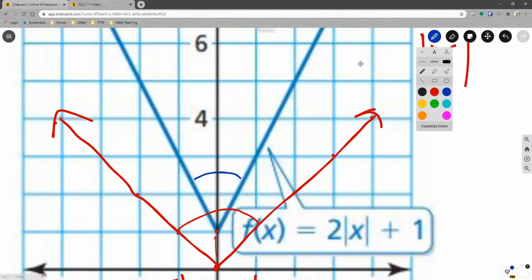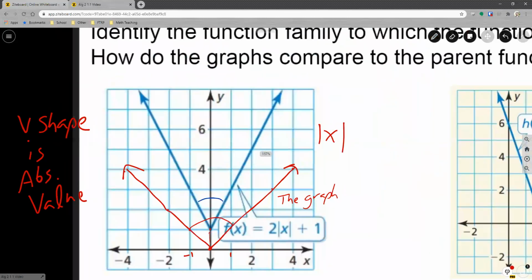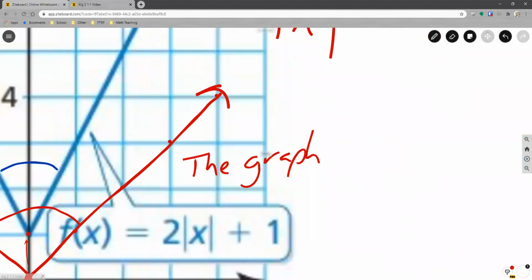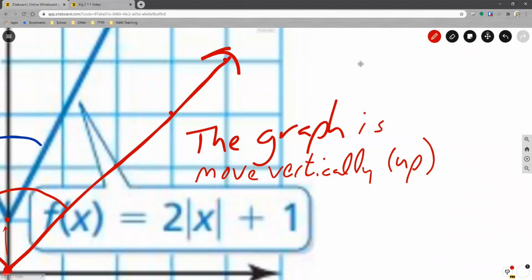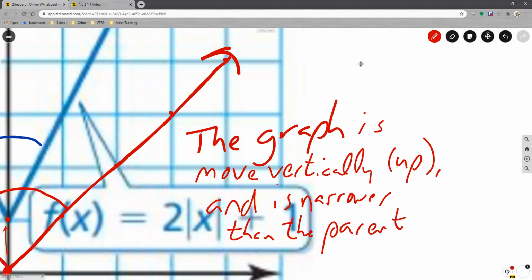So if we want to describe what's happened here, I could say that how it compares, I should say, the graph is moved up, or moved vertically (I'll put up in parentheses; it could be moved down vertically as well), and is narrower than the parent function.